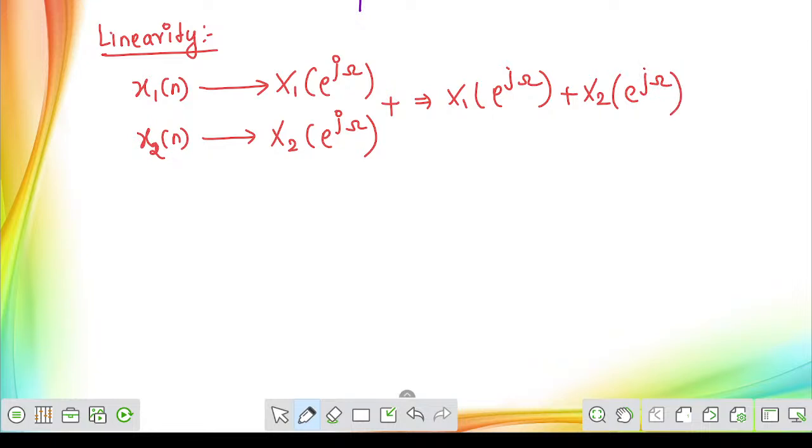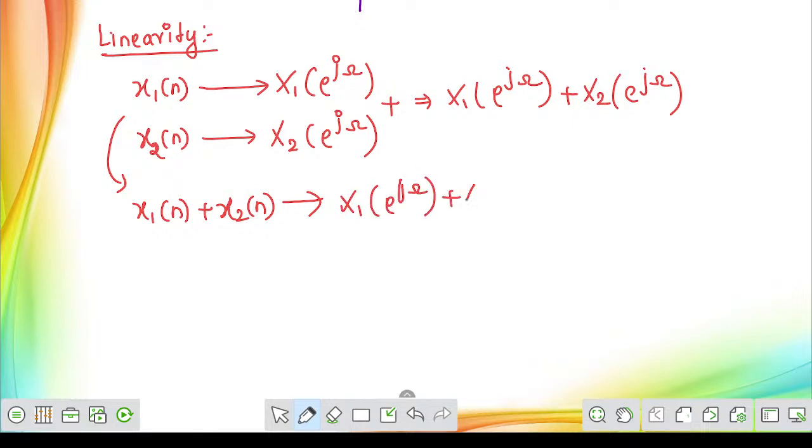Now instead of clubbing them on the frequency domain side, if you club these two signals on the input side itself, that is the additivity property, then this will give you the same answer, x1 of e power j omega plus x2 of e power j omega.